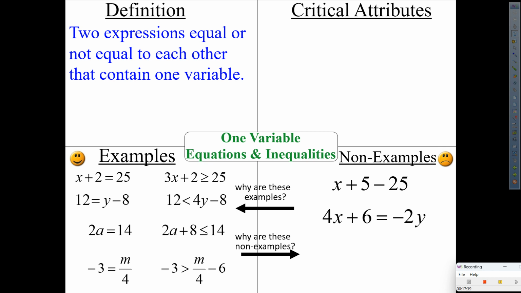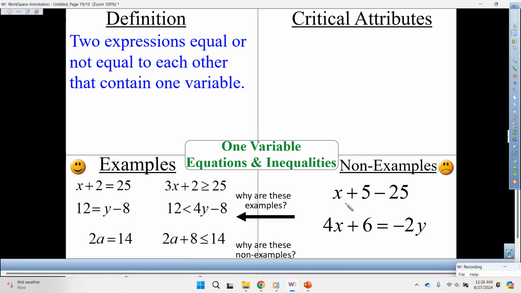All right, good conversations. Let's see, this one. Why is this one not a one variable equation, Enrique?